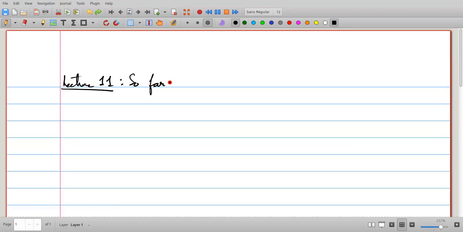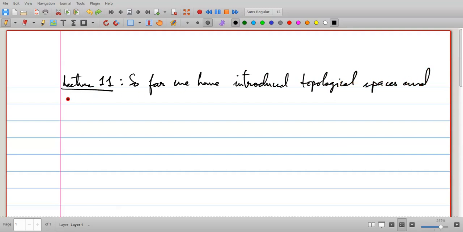So far, we have introduced topological spaces and continuous maps between them.